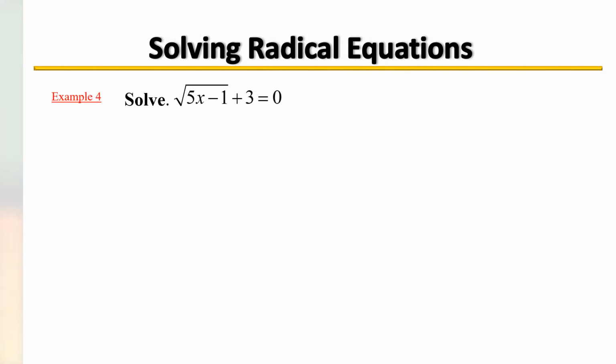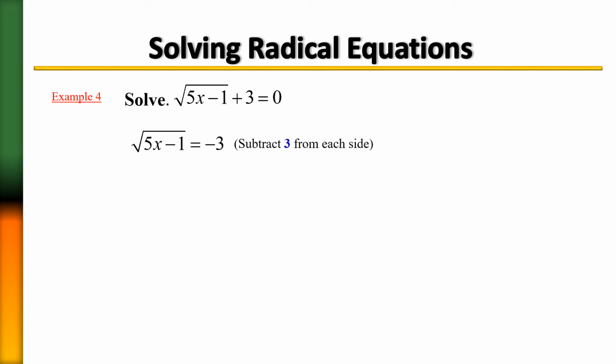Okay, step 1, what should I do? I heard you, yep. You said I got to get rid of that 3 that's on the left side. How do I do that? Yes, I've got to subtract 3 from each side. Now what do I do? Yep, I heard you.